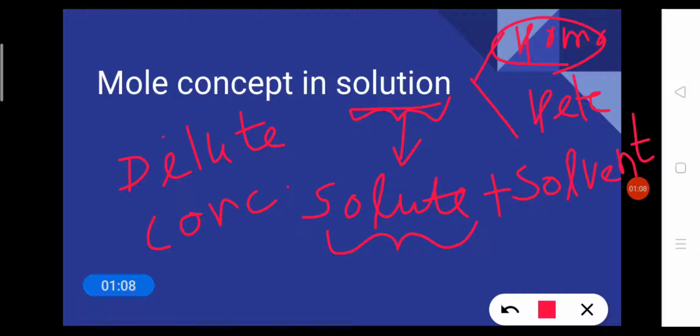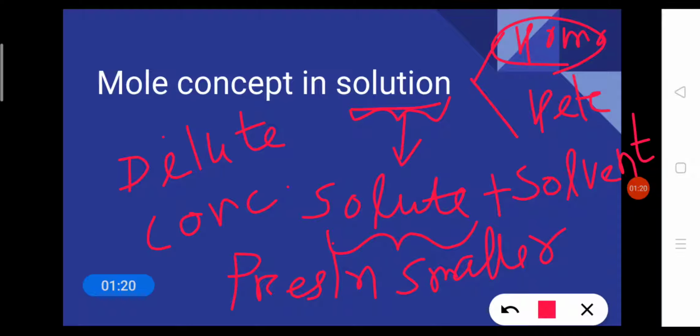Solute is present in smaller amount, whereas solvent is present in larger amount.